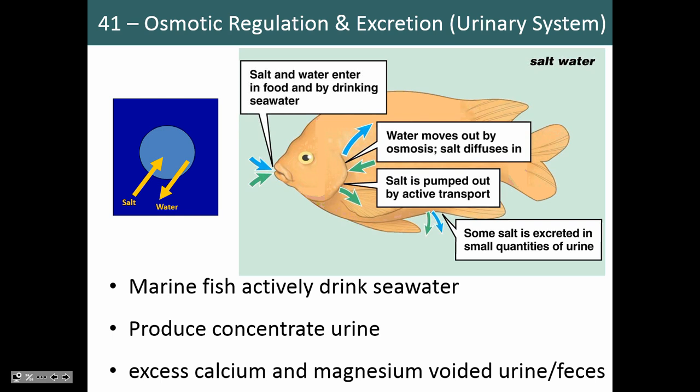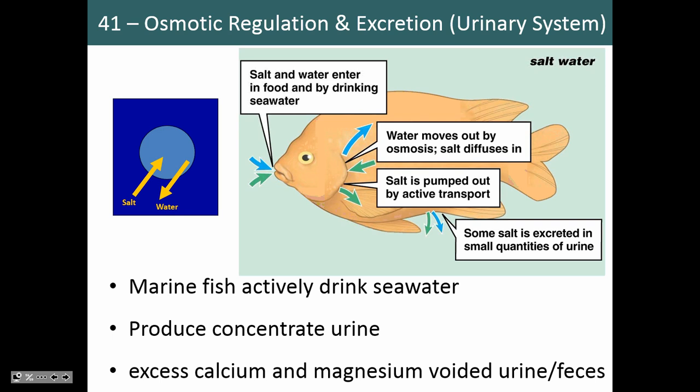They produce a really concentrated urine, and so they dump as much extra salt as they can into their small amount of urine and void it away, but they retain as much water as possible. So they try to produce small quantities of urine with very little fluid and some salt dumping as well. They also void excess ions like calcium and magnesium, some in the urine and some in the feces.